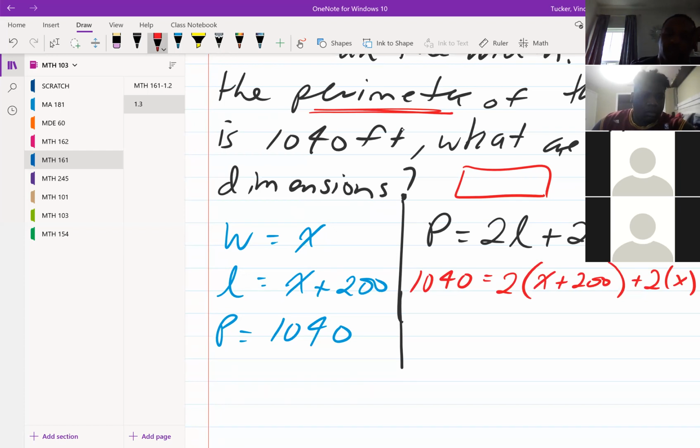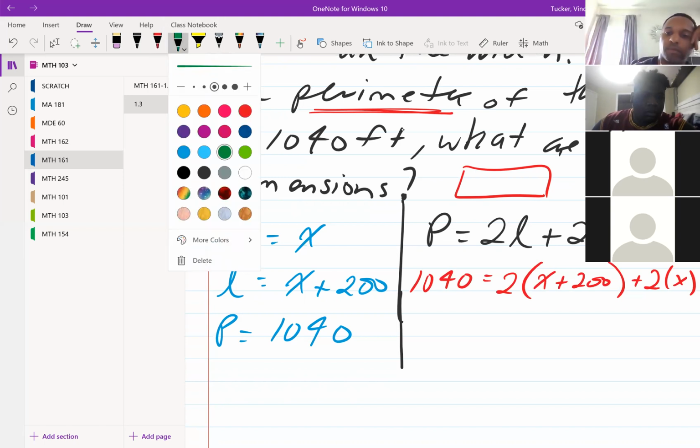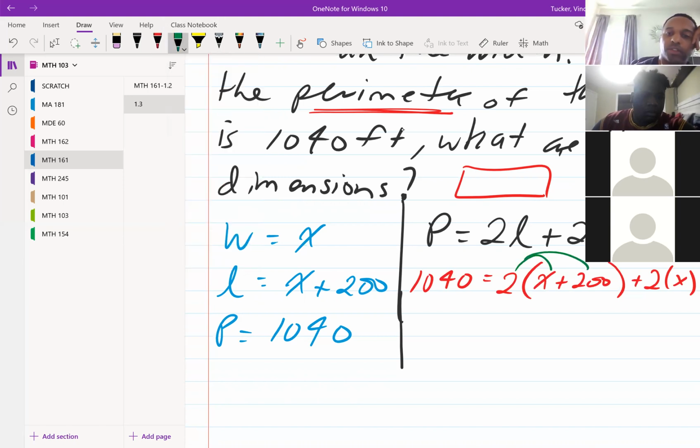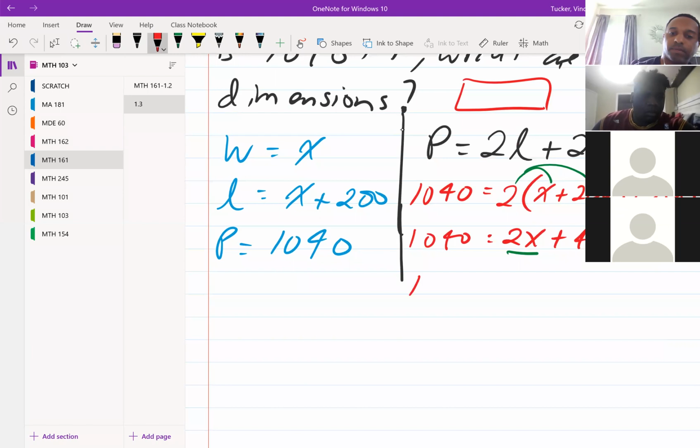All right, so from there we can solve. We can distribute 2 there. 1,040 equals 2x plus 400 plus 2x. Combine your like terms: 2x and 2x, 4x plus 400.